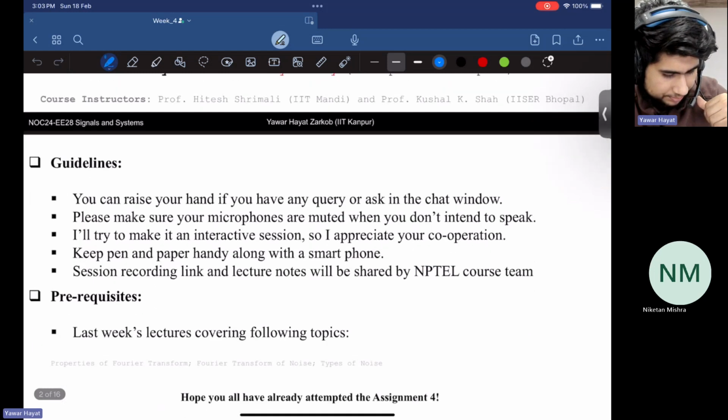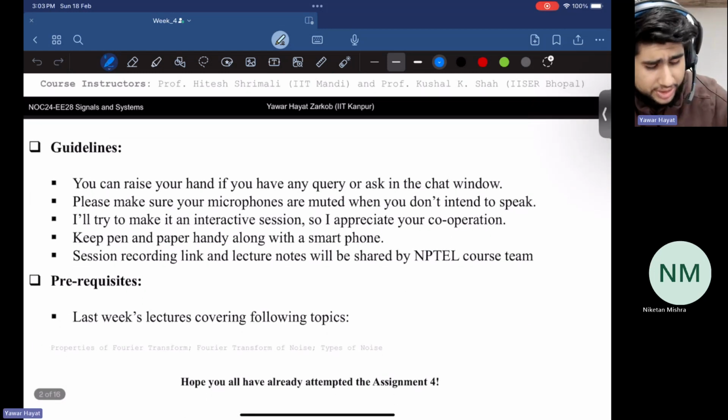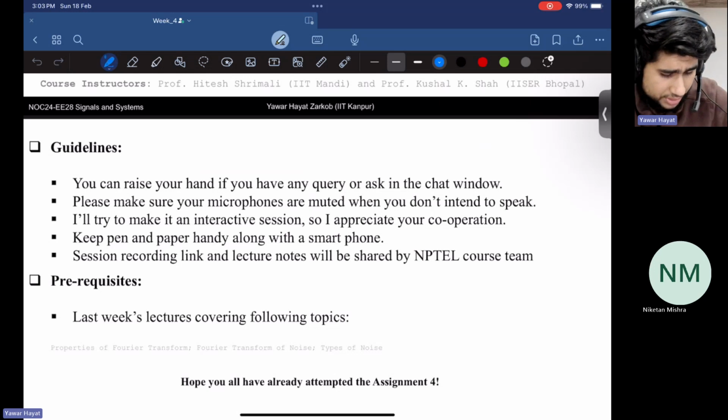Now, the prerequisites of the course include the last week's lectures that covered the following topics, namely the Fourier transform properties, the Fourier transform of noise and types of noise.